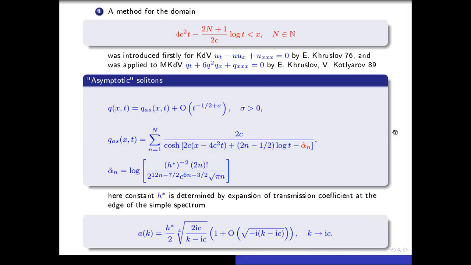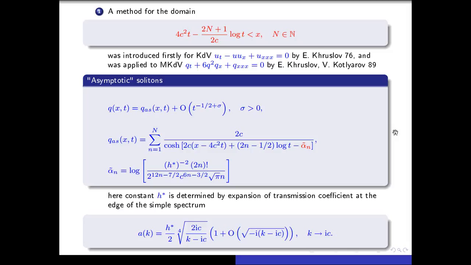They used the method which was introduced by Khruslov for the Korteweg–de Vries equation, and this work by Khruslov was motivated by previous work of Gurevich and Pitaevskii for the same problem, for the Korteweg–de Vries equation.